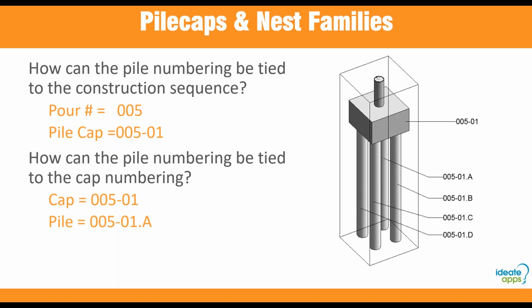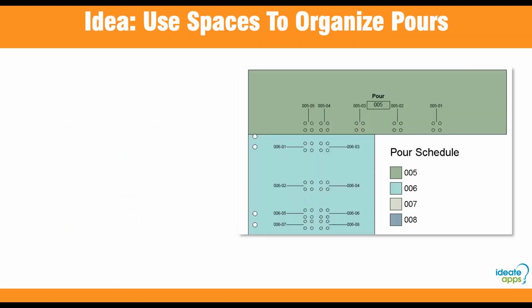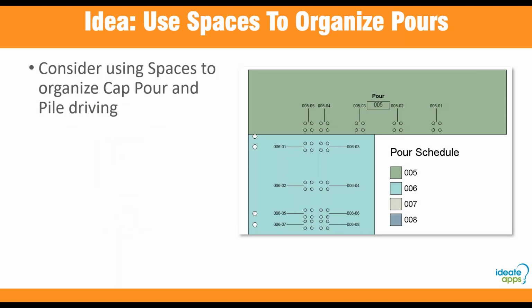What I want to do here is number my piles and then my corresponding pile caps with an A, B, C, D. I'm going to go through this one a little quickly. We actually have a video and blog post on our website that goes through this whole process as well. So one idea to get your piles to auto-number would be to use spaces. Since you're on the structural side of things, structural folks don't use spaces.